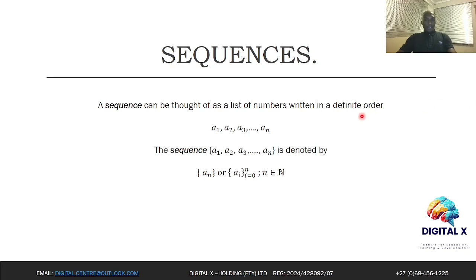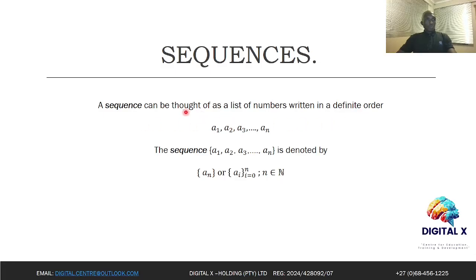So let's look at this one over here, and it's just a general definition of a sequence. In our next slide, we will look at a more specific definition of a quadratic sequence.